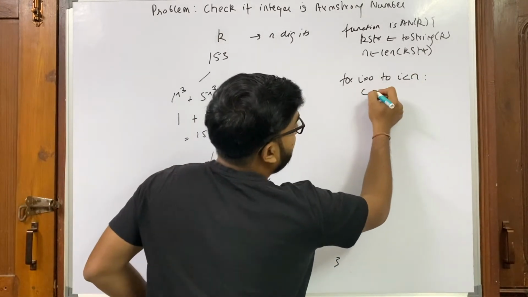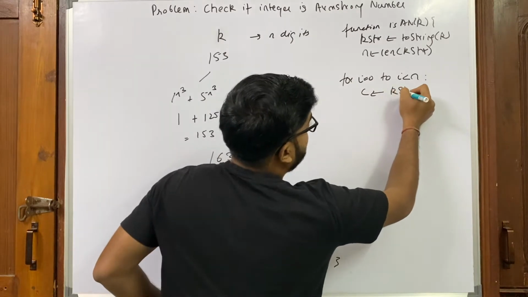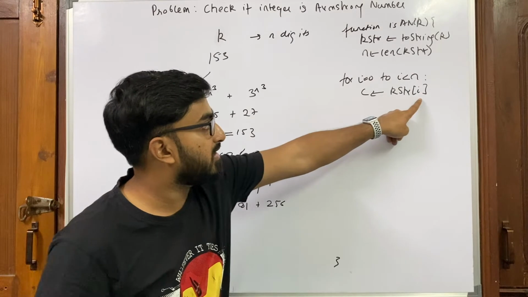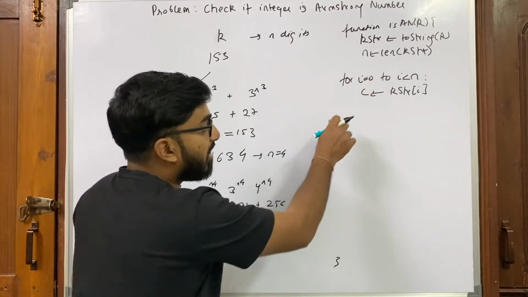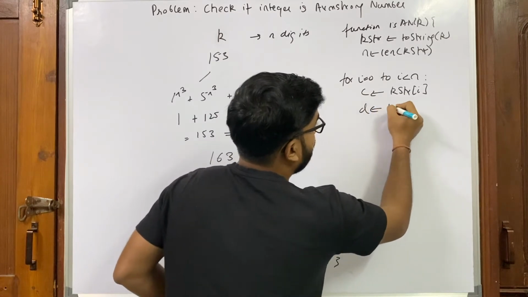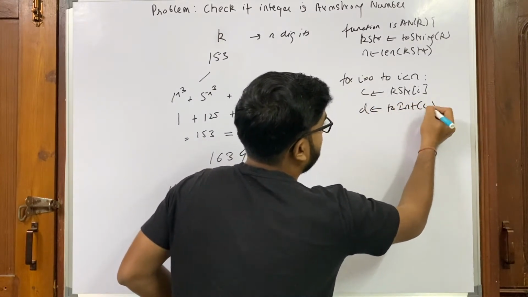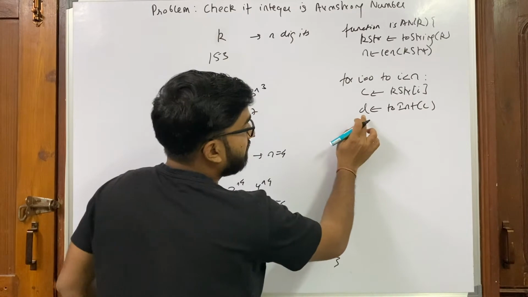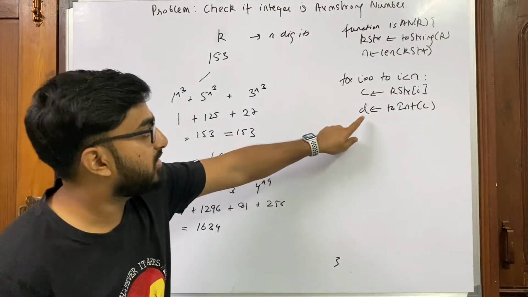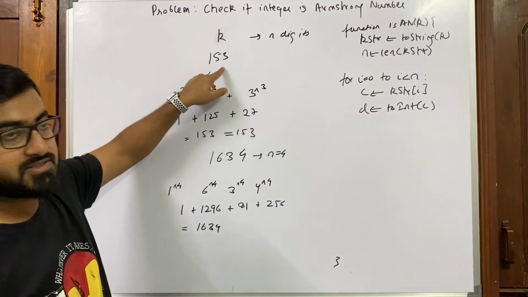The ith character is going to be kstr of i. So c is the character at index i in the string kstr. You have to convert this character c to its corresponding digit, so I'll say toInteger of c. So in each iteration I get digit d, which is a digit in this integer k.